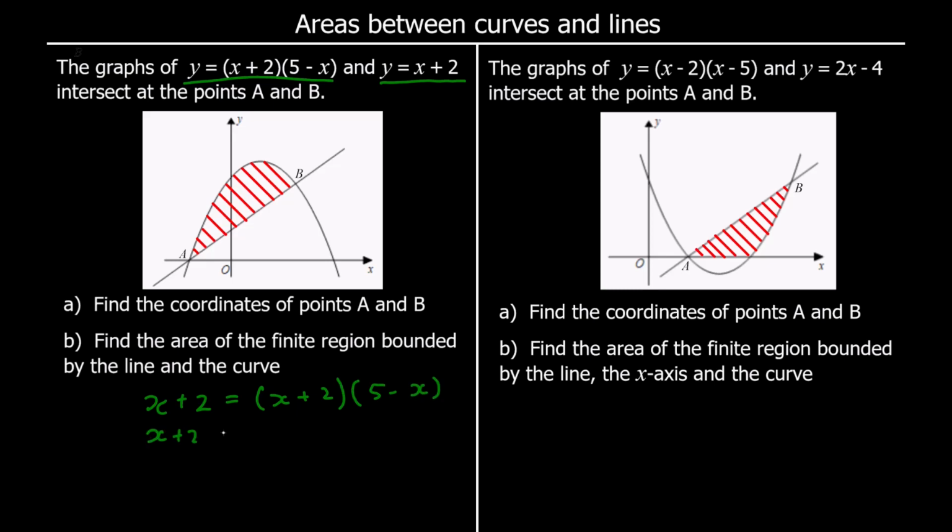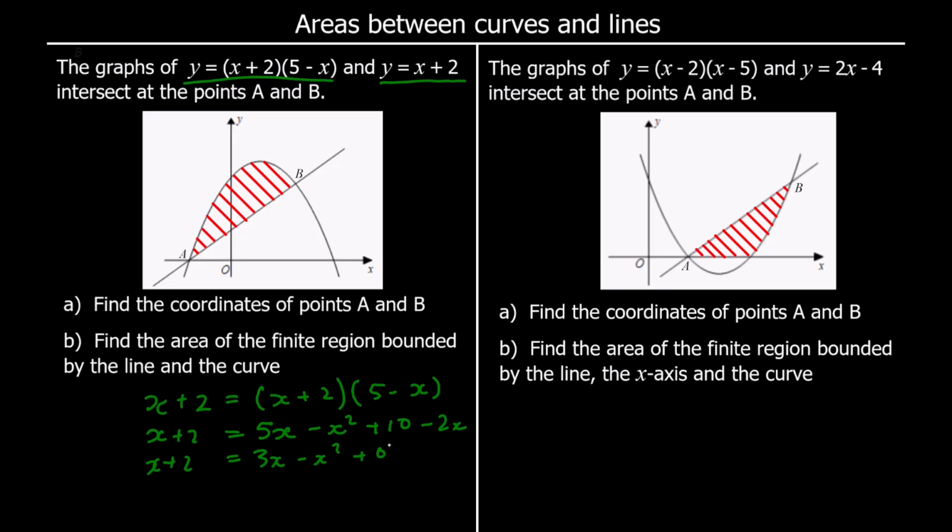Let's expand and simplify the brackets. 5 times x is 5x. x times negative x is negative x squared. 2 5s are 10, and 2 negative x's are negative 2x. Simplify. So we have 3x minus x squared plus 10.